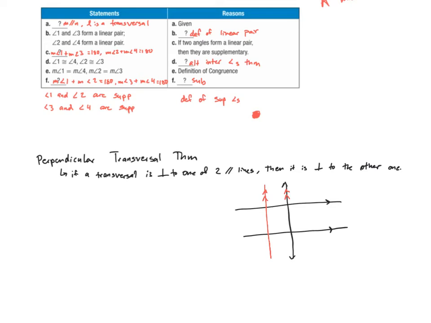Back to the proof. We know that this is transversal T. We know that this is line L, and then we have line N right here.